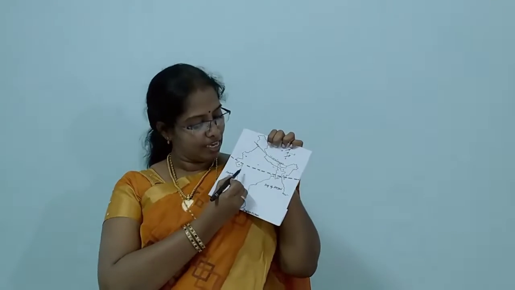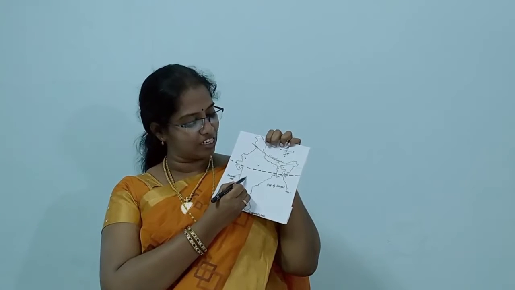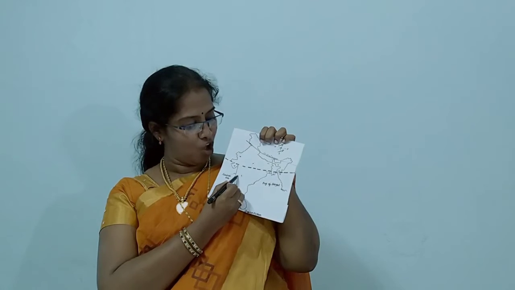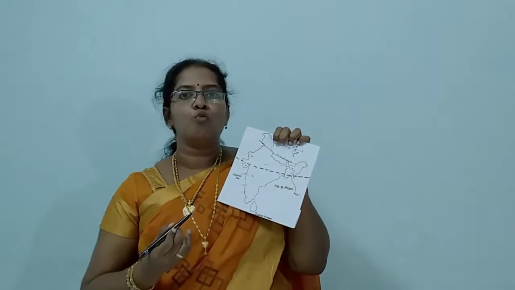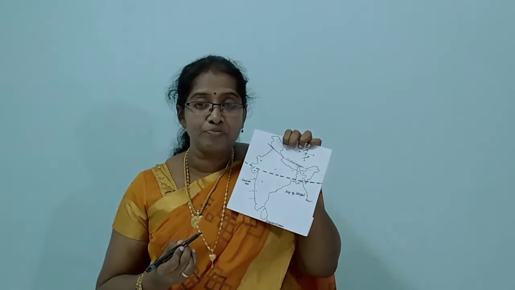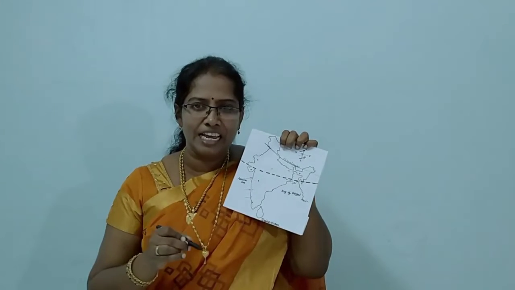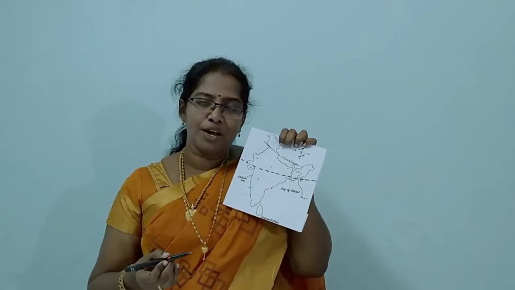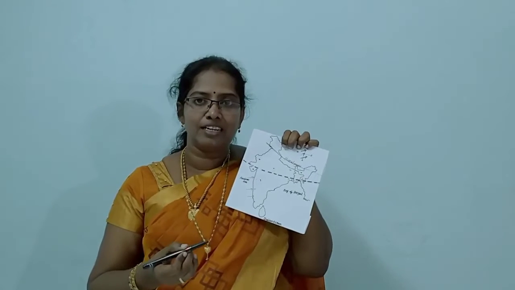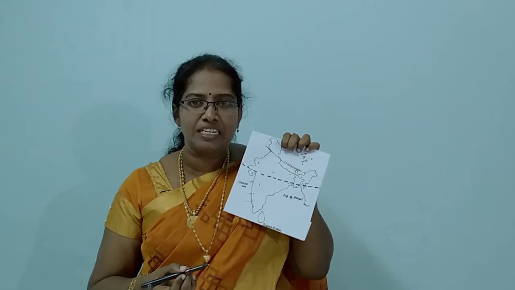For example, here Mumbai is in Maharashtra, as I said already. Mumbai receives more than 150 centimeter rainfall. Nearby, Pune is getting less than 50 centimeter rainfall. What is the reason?